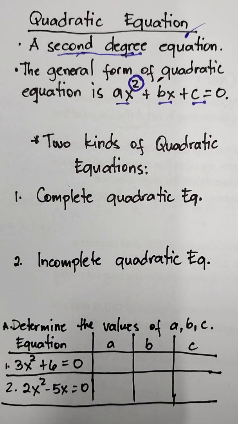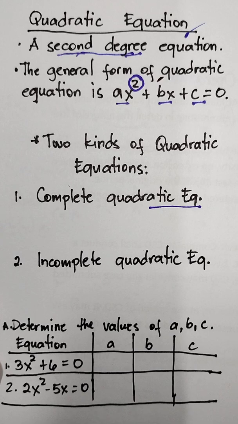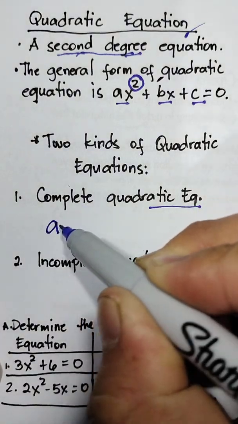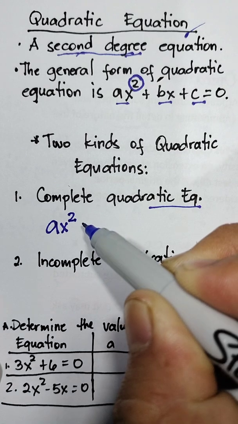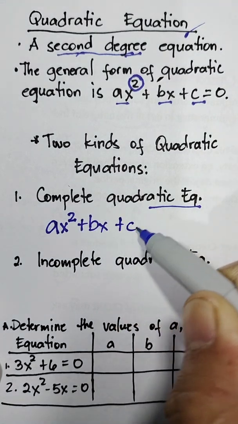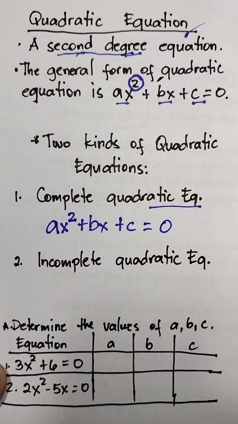Next, there are two kinds of quadratic equations. Number one is the complete quadratic equation. Complete, from the word itself. For example, ax squared plus bx plus c equals 0 is an example of a complete quadratic equation.